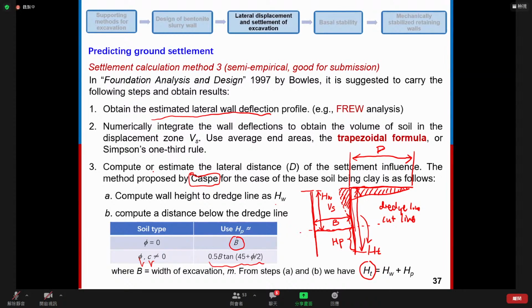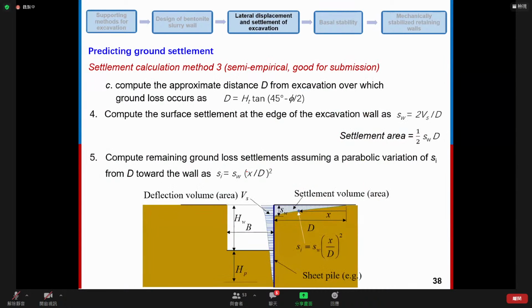And then for the Caspe method, we can calculate the lateral settlement distance D by using HT. Here is the equation for determining the distance D. HT equals HW plus HP. This one is HT.